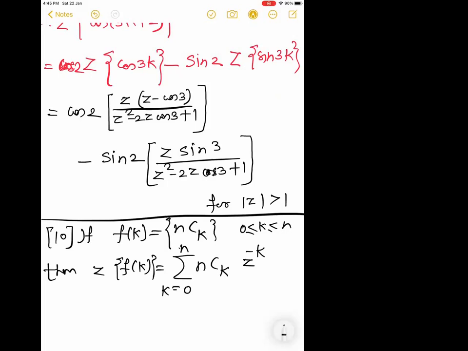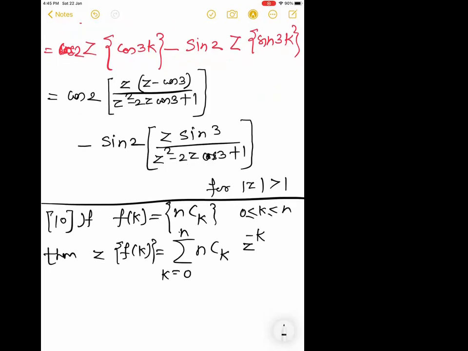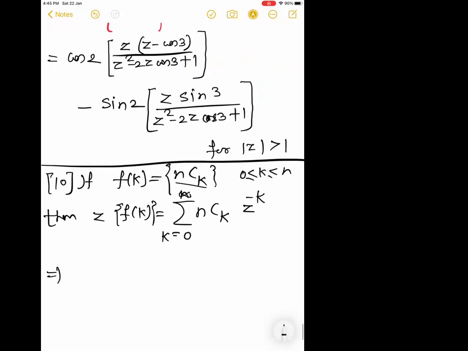It's a finite term we are taking. K is from 0 to n, but you can take it up to infinity and consider the series to be convergent.